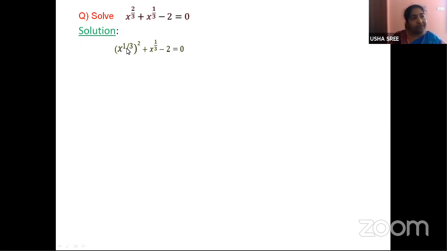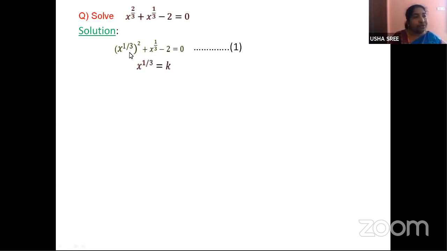So, x power 1 by 3 into 2 is nothing but x power 2 by 3. So, this x power 2 by 3, I am writing it as x power 1 by 3 whole square. And I am not disturbing this x power 1 by 3. We are taking it as it is. Minus 2 is equal to 0. Right? Let us call it equation number 1.